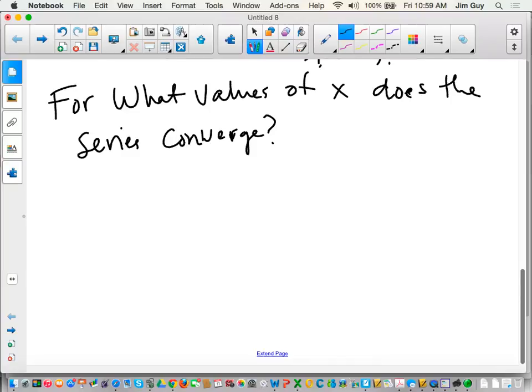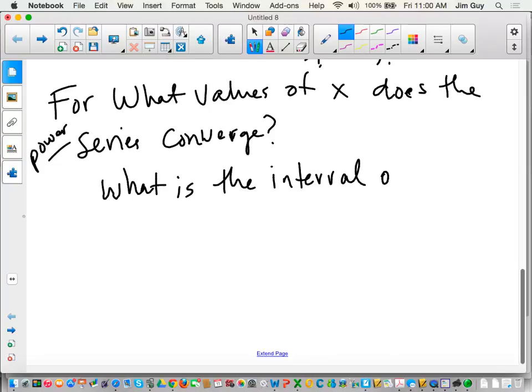Okay, so here's the big question from this chapter. For what values of x does the series converge? And by series we mean power series. And another way of asking this question is, what is the interval of convergence?